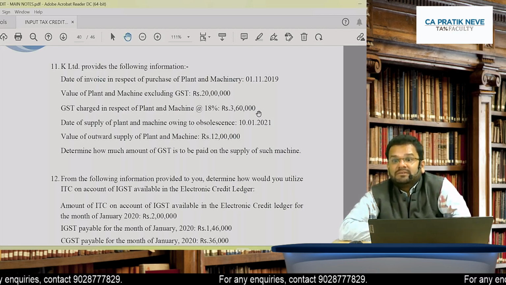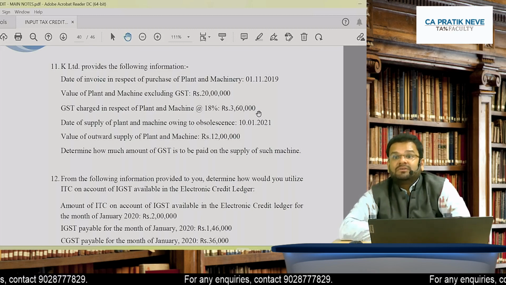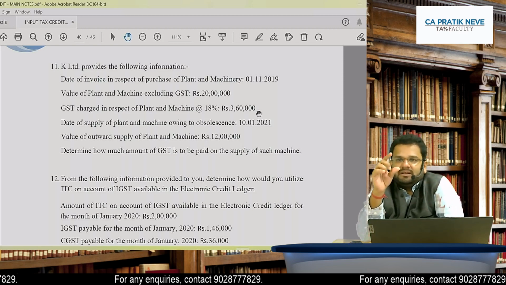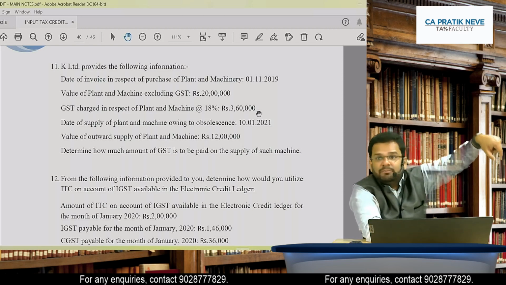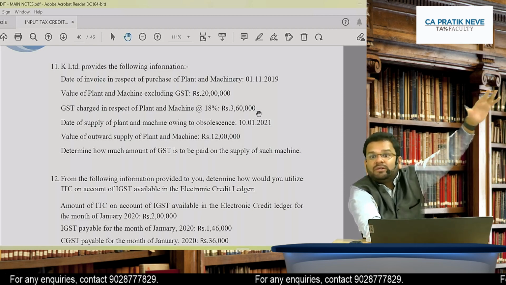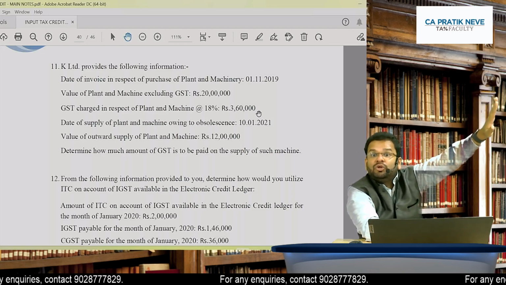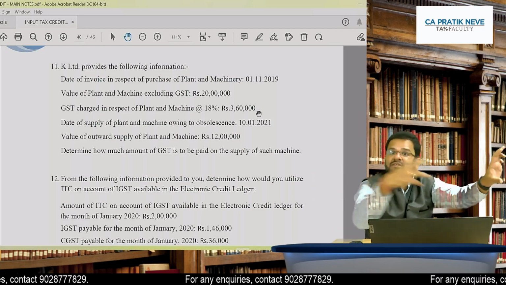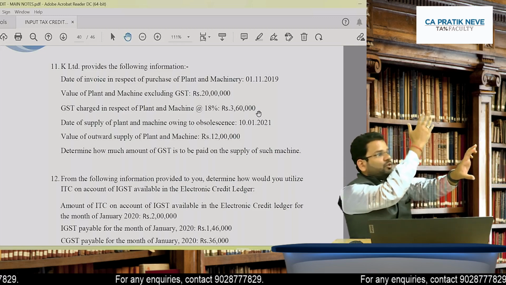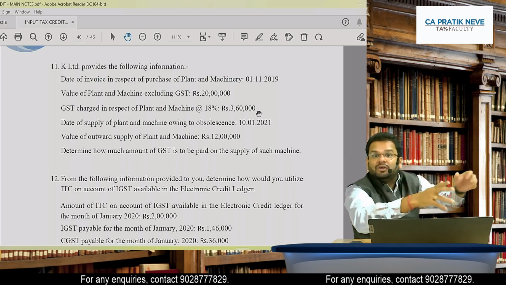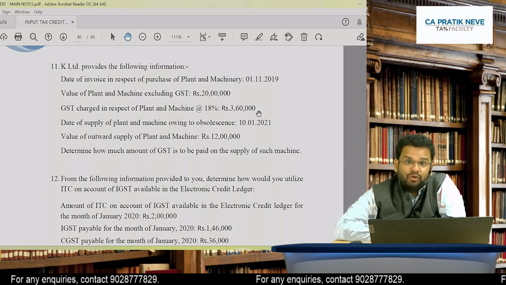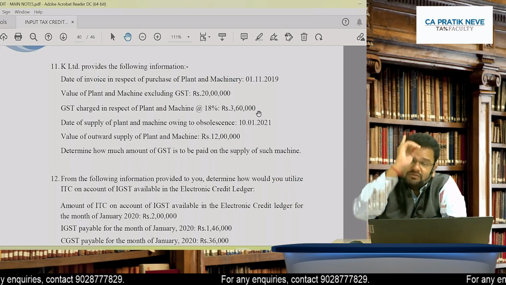Answer is yes because if you don't apportion to them, see कैसे है, there is unit A, unit B, unit C, unit D. Unit D is only doing exempt outward supply, but don't you think unit D is beneficiary of inward supply? So if you don't give to unit D, if you give only to unit A, B and C, क्या होगा? Unit A, B and C will get more ITC. So will this be acceptable to government? No. So government says distribute.